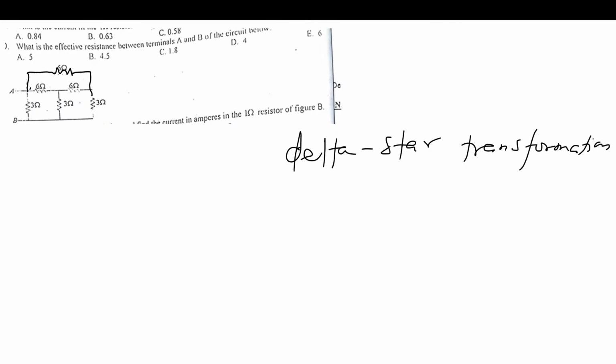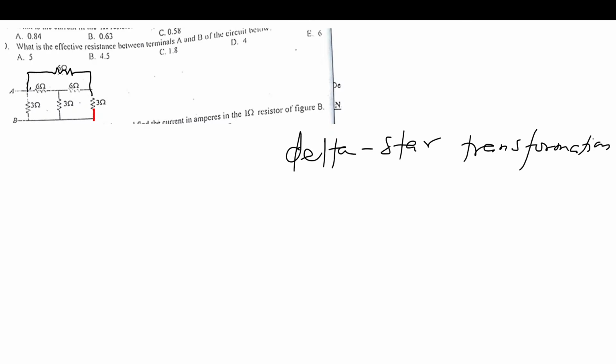Alright, so the delta star transformation is employed in situations where there are neither series nor parallel arrangements, or you can't identify any 2 resistors in series or in parallel. That is when we employ the delta star.